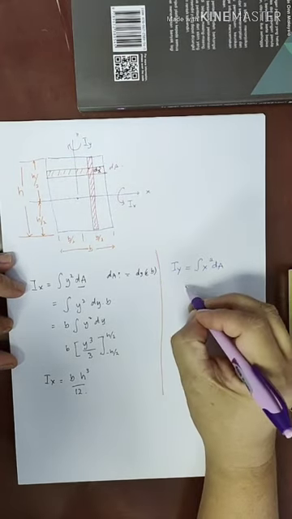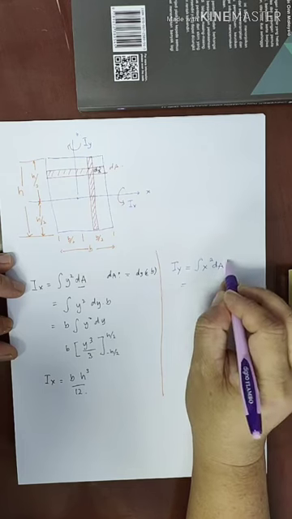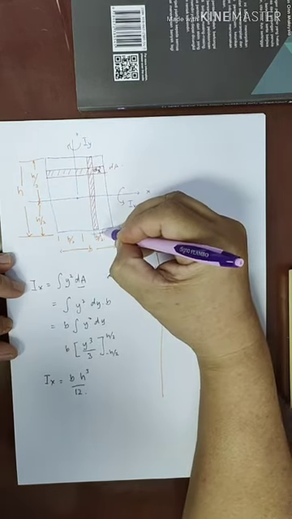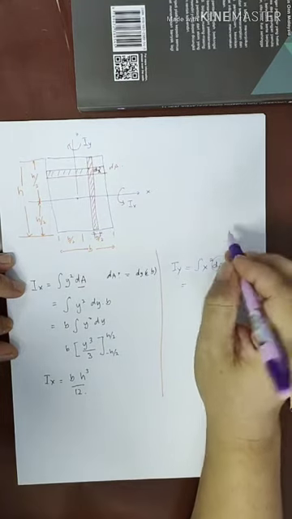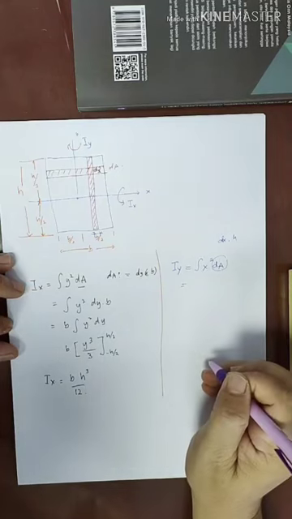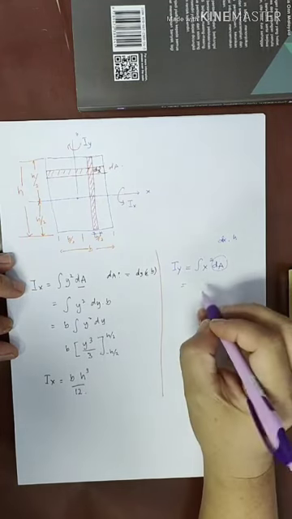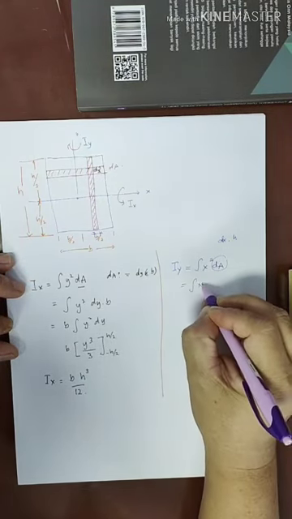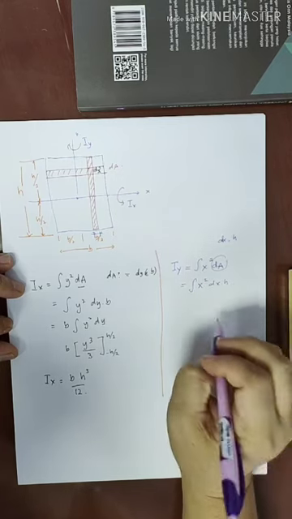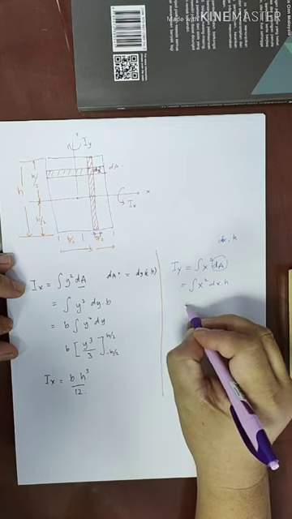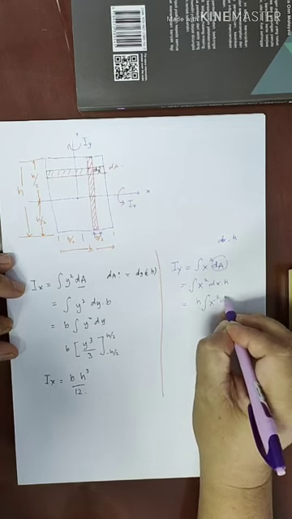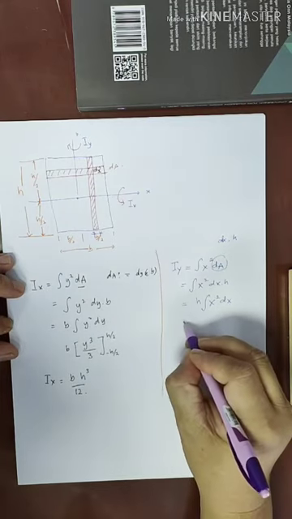Okay, so similarly, what is dA? It represents dx times h. So we have the integration of x squared h dx, equivalent to h x squared dx.